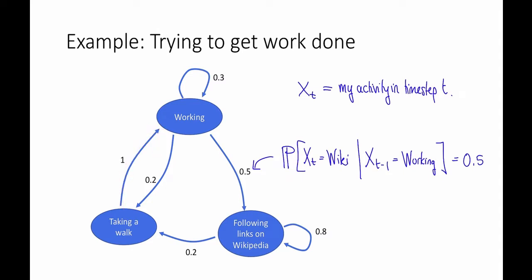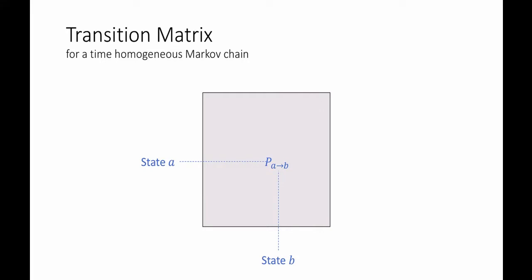So we can imagine these random variables, x0, x1, x2, and so on, evolving as we step around this graph with certain probabilities. We can also represent a time homogeneous Markov chain as a transition matrix.